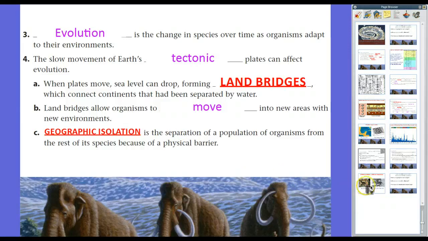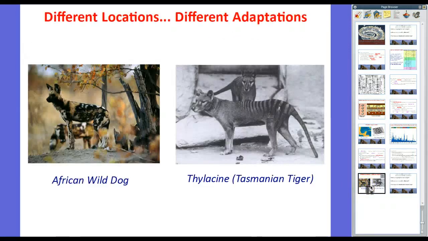Now, according to the theory of evolution, you have common ancestors. That's one theory, and another is that when organisms go into different biomes, they adapt and fill certain ecological niches or ecological roles. Take, for instance, the African wild dog and the thylacine, or the Tasmanian tiger.